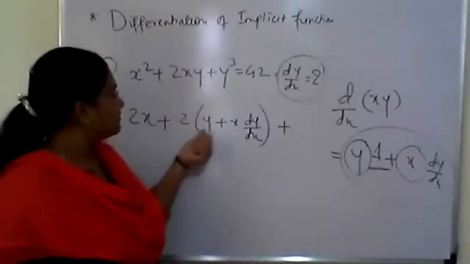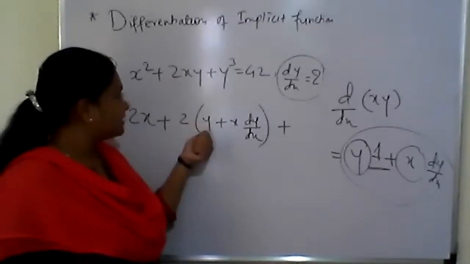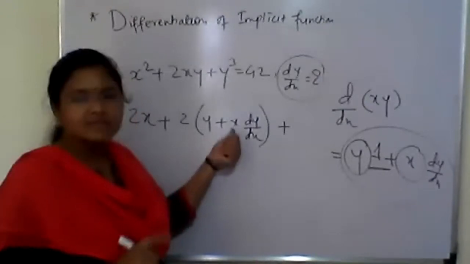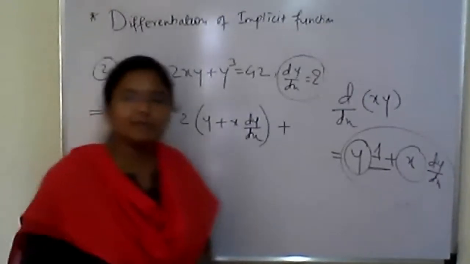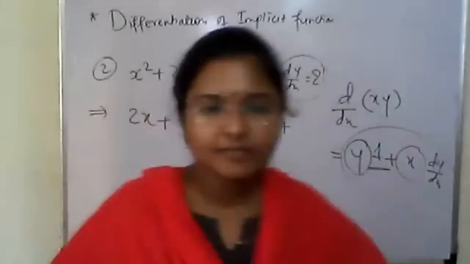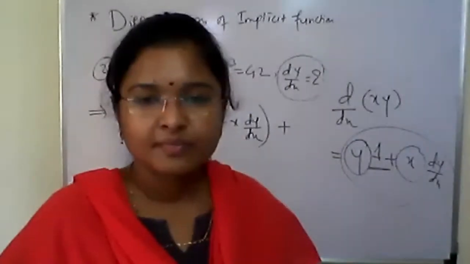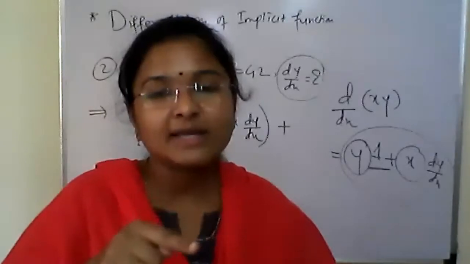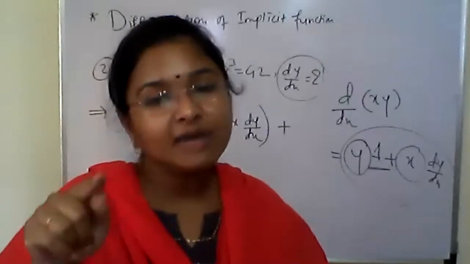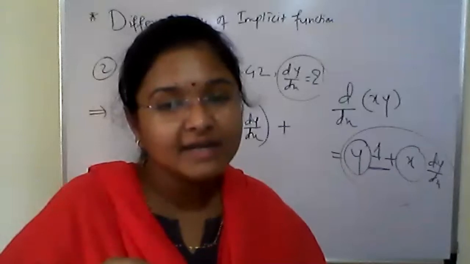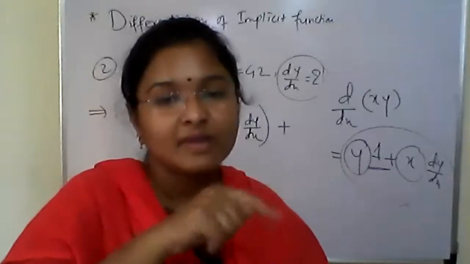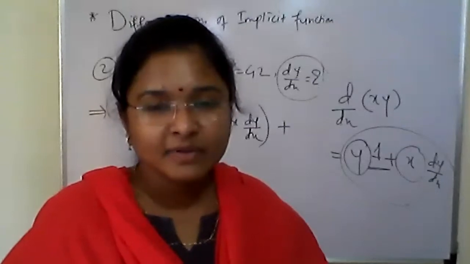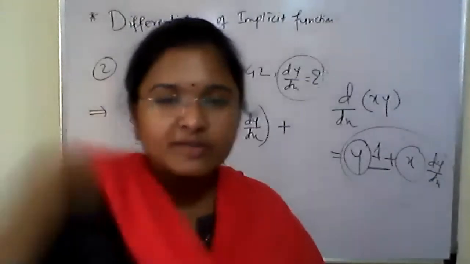Here we have y constant. Derivative of x will be 1 plus x constant. Derivative of y will be dy by dx. Understood, Ajinkya? Yes, ma'am. And in the question before this, x into y we had differentiated with respect to y. Now we are differentiating with respect to x. Okay? Now you can differentiate with respect to both variables through the product.